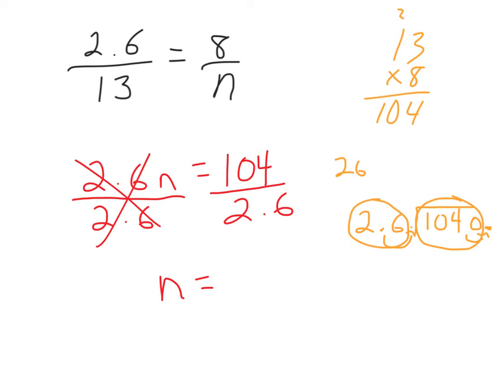That's how I can do it mentally. So now my new problem is 1040 divided by 26. And if I solve that one out, I would end up getting 40 perfectly with no remainder. So n is going to equal 40. If you don't understand how I moved this decimal, make sure that you ask me right now, and I can explain that.